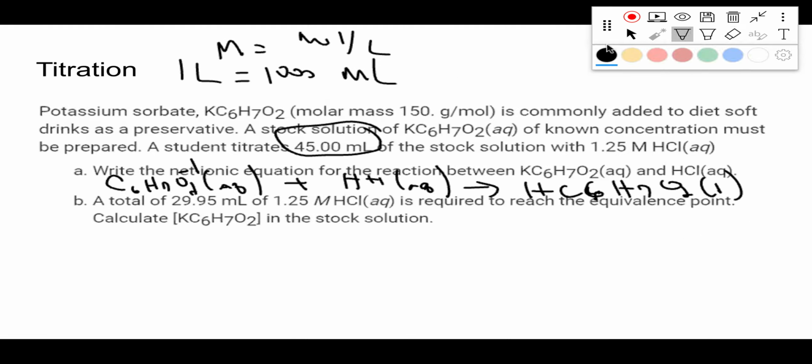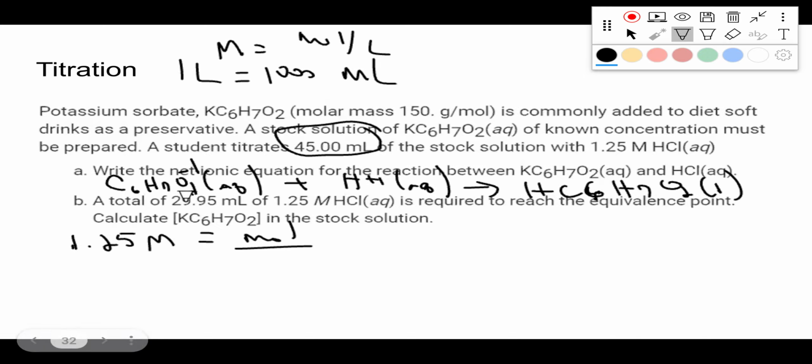Option two is going to be more of a shortcut method, and it's going to be doing some of the stuff in your calculator. So it depends on if you like to show all of it or if you want to do some in the calculator. So I'm going to start with 1.25 molarity is equal to moles, because I'm using this equation. So I plugged in my 1.25 molarity. I'm solving for moles, and I need liters.